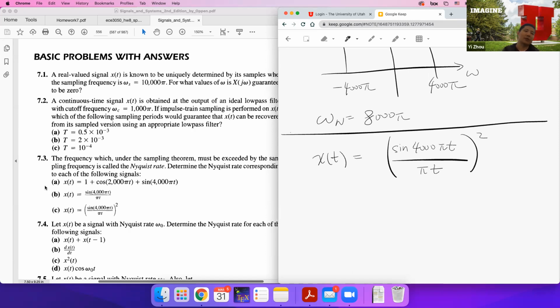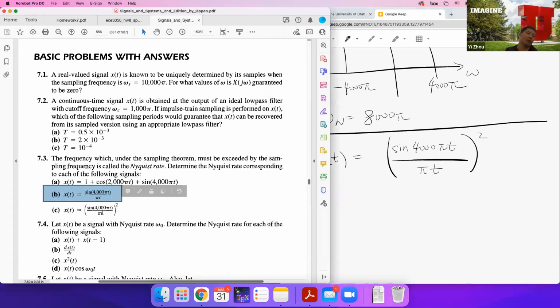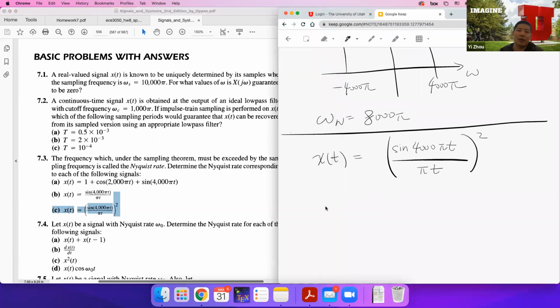From part B, we know the Fourier transform of a sinc function is a rectangle. Now we need to deal with a sinc function to the power of 2, which can be viewed as the product of 2 sinc functions.